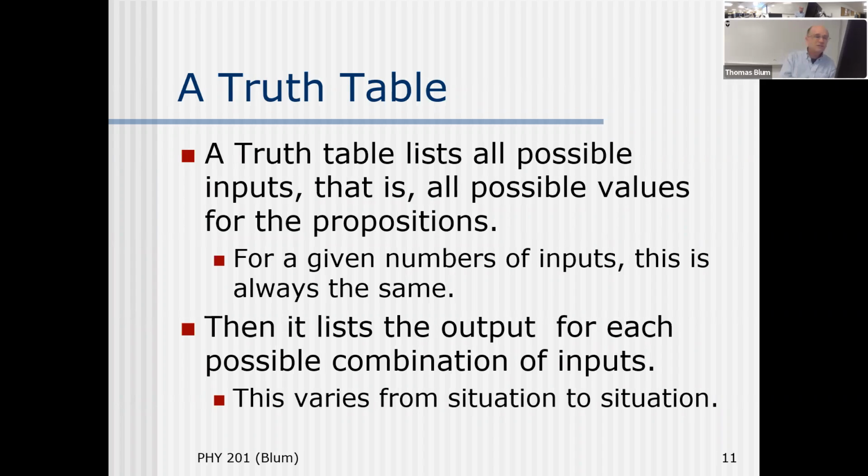I do it by counting, and then I know if I've counted up, if I had n inputs, if I count up to 2 to the n minus 1, I know I have all the possibilities. And if for each possible input I give the output, I have produced a truth table. And that means if I have a circuit, or if I have a scenario, if I understand all the possibilities for that scenario, then I understand the scenario.